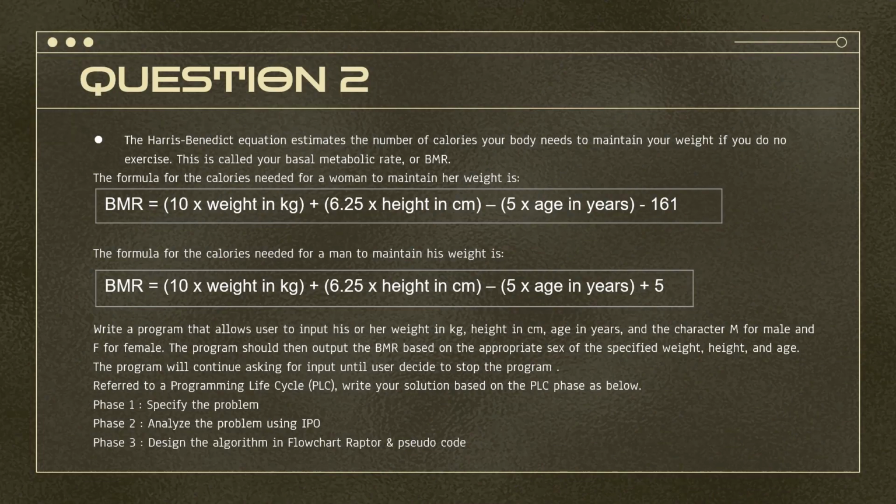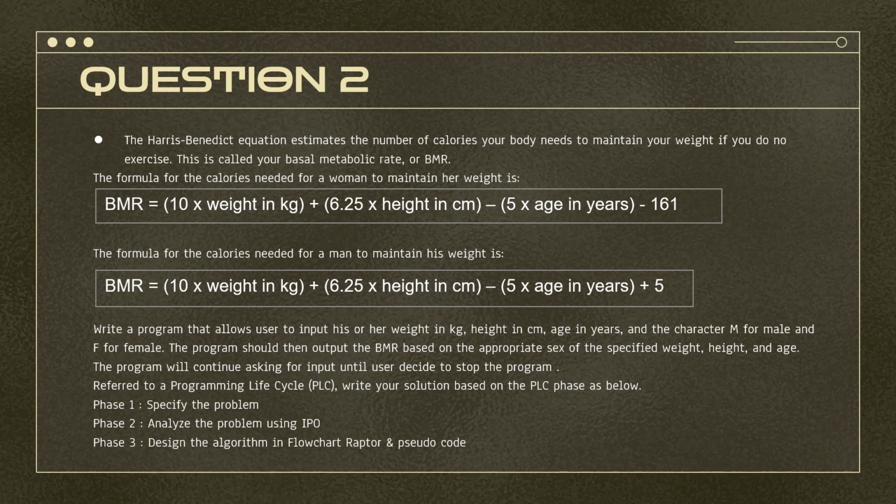Next question is question 2. The question is, the Harris-Benedict equation estimates the number of calories your body needs to maintain your weight if you do not exercise. This is called your basal metabolic rate, or BMR.